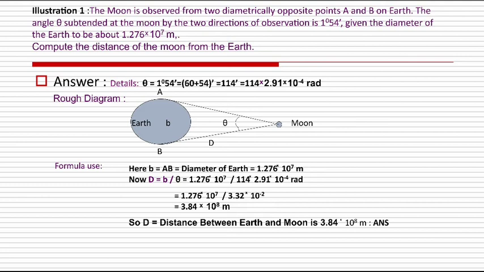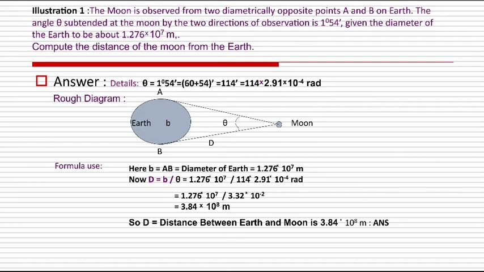Here small b is equal to capital AB, which is the diameter of the earth, given as 1.276 into 10 raised to 7 meter. You can see in the rough diagram, earth is given with the two diametrically opposite points A and B, and it subtends the angle theta at the moon, and the distance between earth and moon is capital D.